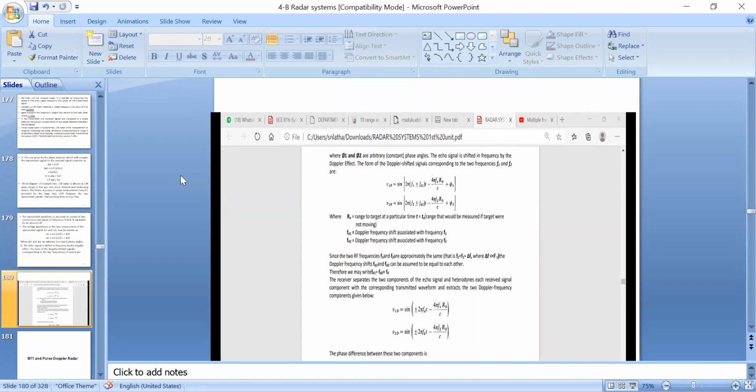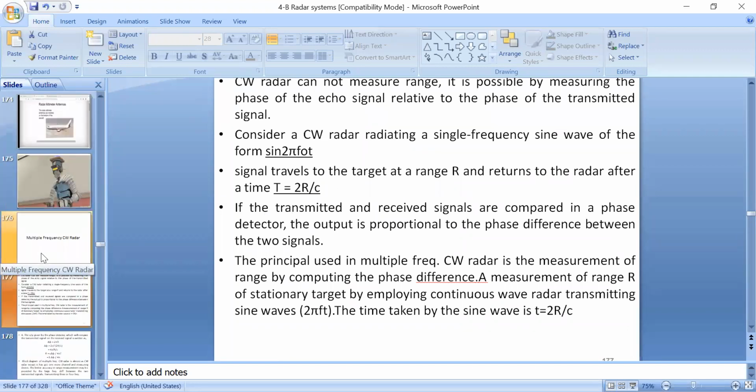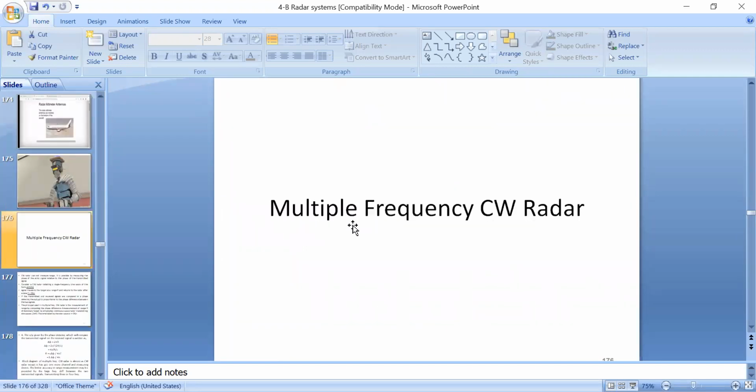The concept is called multiple frequency continuous wave radar. How is it possible? That is proven here, right? Here, the concept is that multiple frequencies are generated by a continuous wave radar and transmitted towards the moving target, and multiple echoes are received from that moving target.